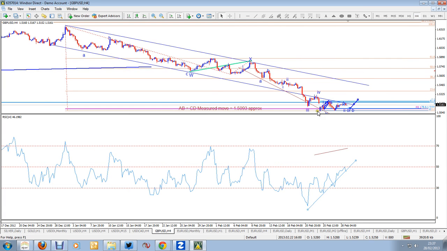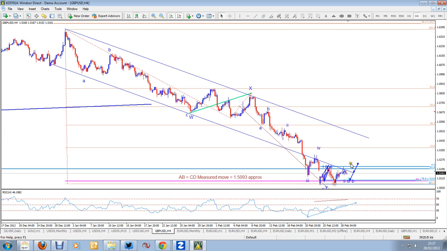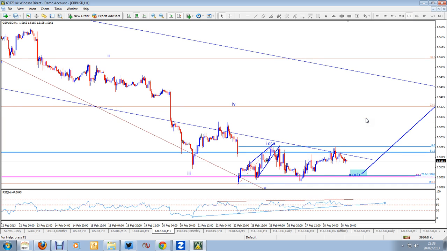So I'm fairly confident about this pound potentially pushing higher, and if this is wave 1 and we're currently in a flat correction as a wave 2, then wave 3 will be very strong, and we should not ignore that.